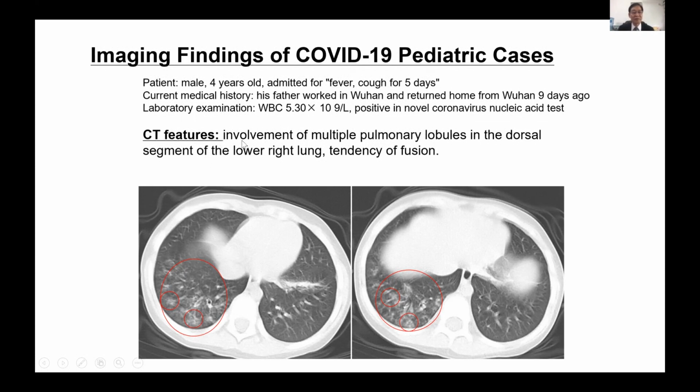CT shows involvement of multiple primary lobules in the distal segment of the lower right lung. Tendency of fusion. You can see here multiple primary lobules in the dorsal segmental of the lower right lung.